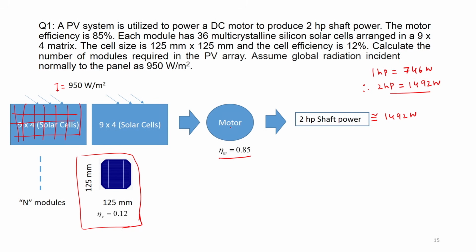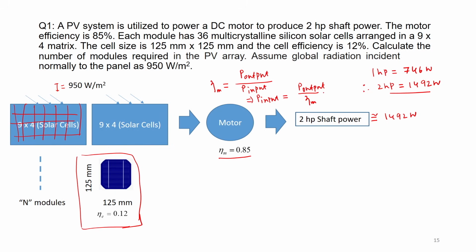If we write the expression for efficiency of motor, eta m, this is power output divided by power input. Here we need to find the power input. So, this power input is equal to power output divided by eta m.